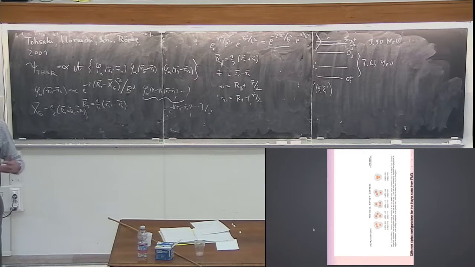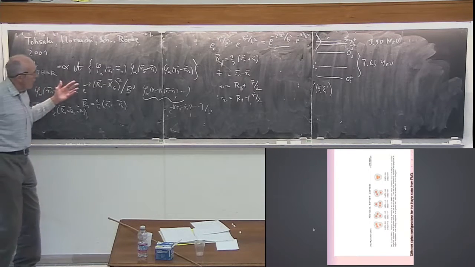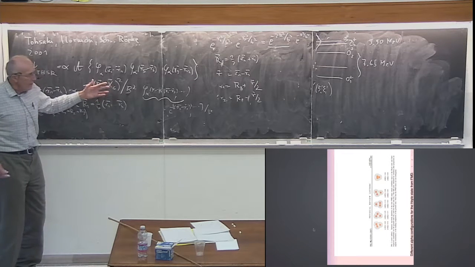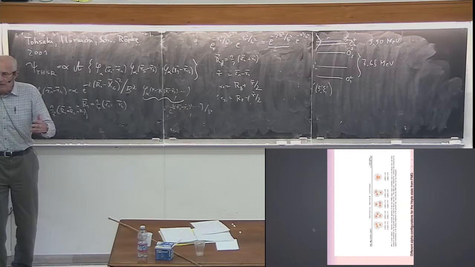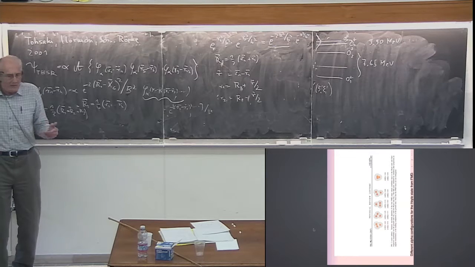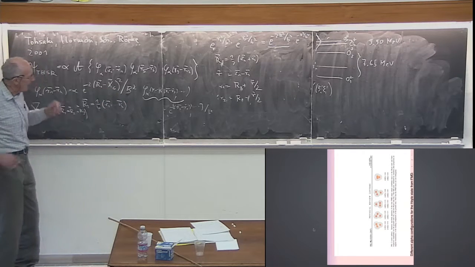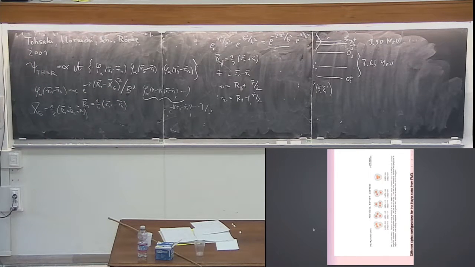So what will be the situation? We have to see from the minimization what will be the configuration of the Hoyle state with respect to these two values, capital B parameter and small b parameter.